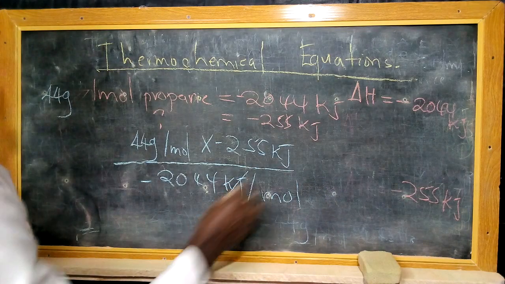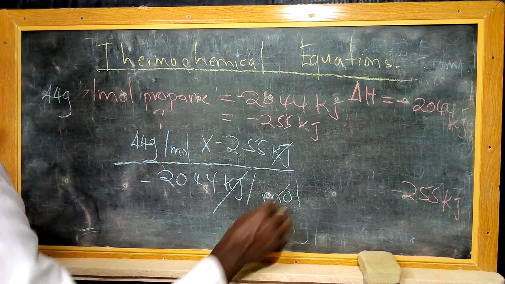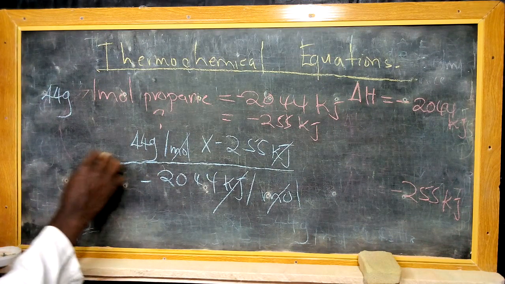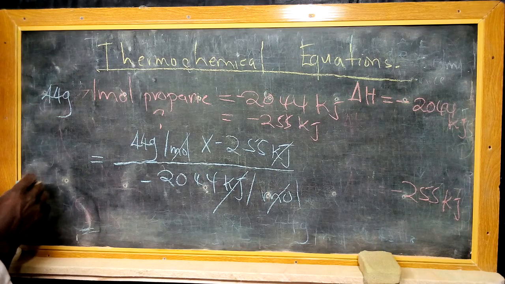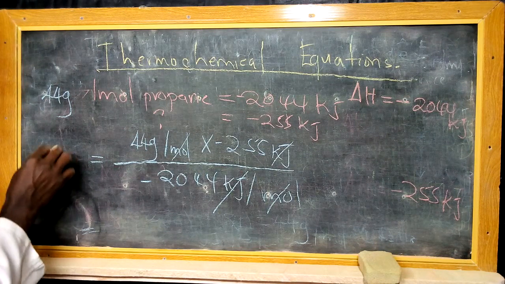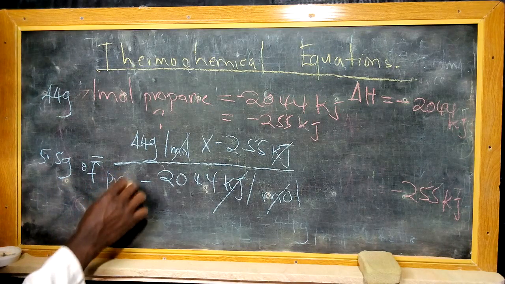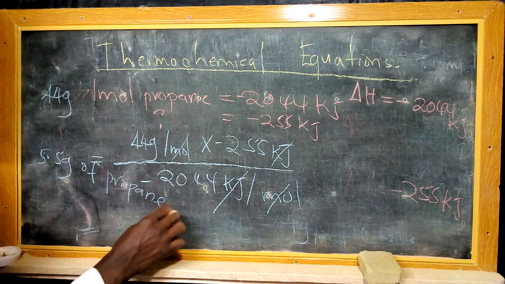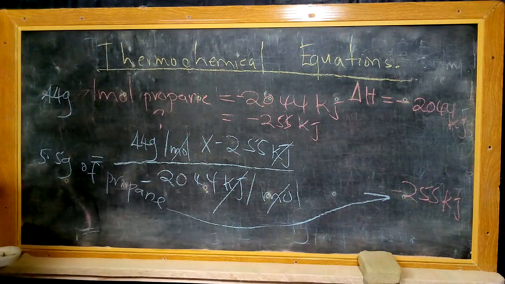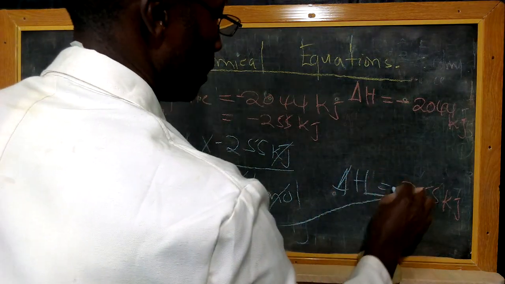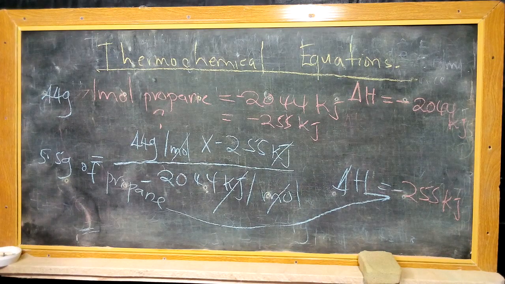The units will cancel, and the amount that we are going to find is in grams, and this will give us 5.48, which is equivalent to 5.5 grams of propane required to produce a change in enthalpy equivalent to negative 255 kilojoules.